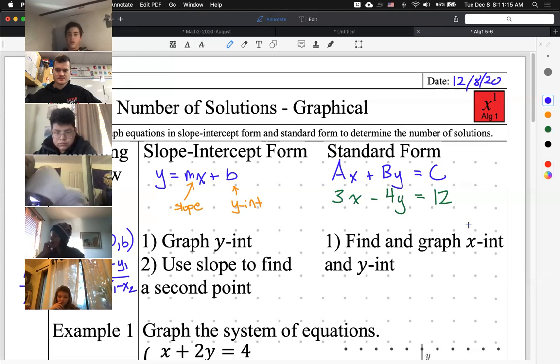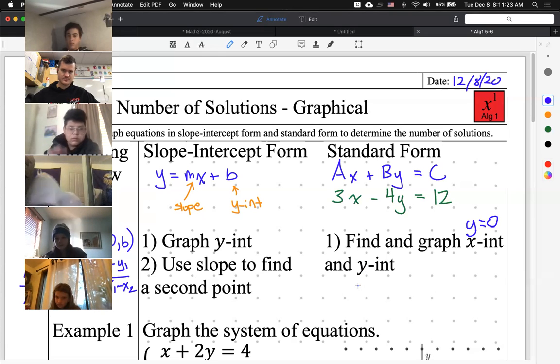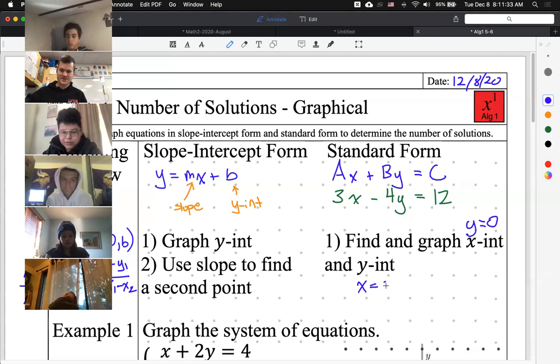For y, I plug in 0. Yep, set y equal to 0. And therefore, to find the y-intercept, Diego, you would do the same thing to x. You make x equal 0. There it is, substitute 0 in for x, and you'll find the y coordinate.